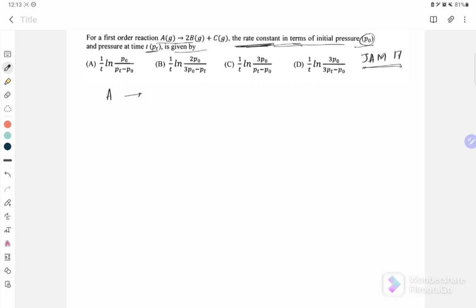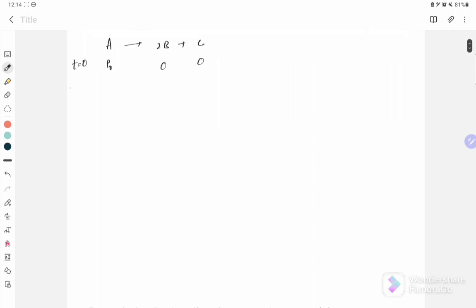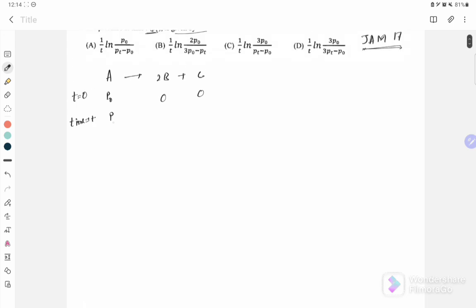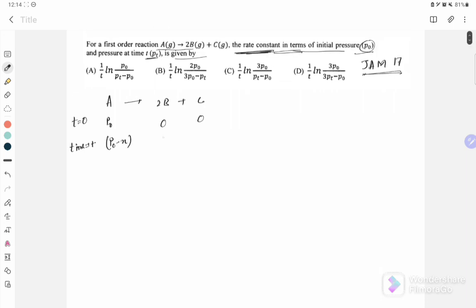We can write this equation as A to 2B plus C. At t equal to 0, the initial pressure is P0, and the products are 0. At time t, the pressure of A is P0 minus x. The pressure of B will be 2x because the stoichiometric coefficient is 2 here, and for C it is x because the coefficient is 1.